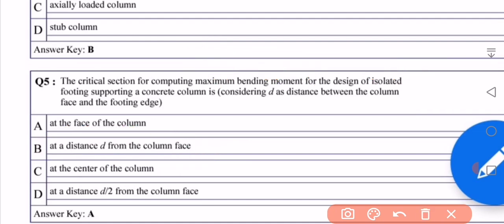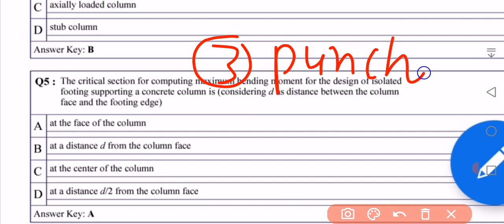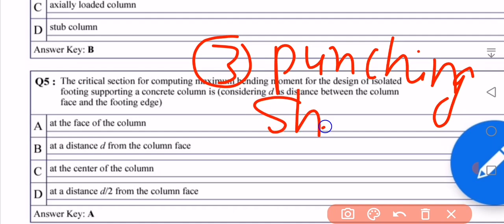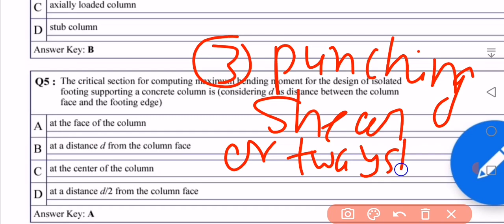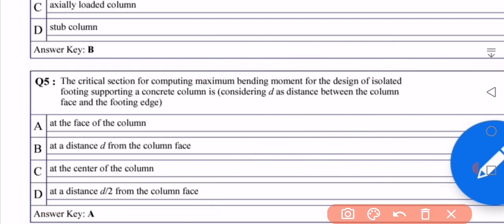And case 3, punching shear or two-way shear, the critical section will be at a distance d by 2 from the face of the column. But our answer is according to the question. The critical section for bending moment is option A, at the face of the column.